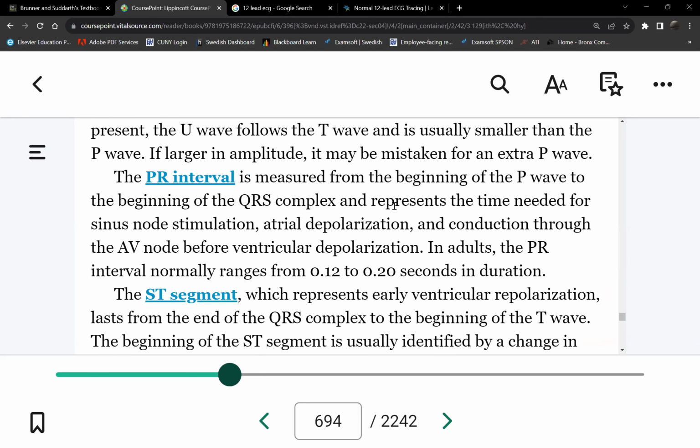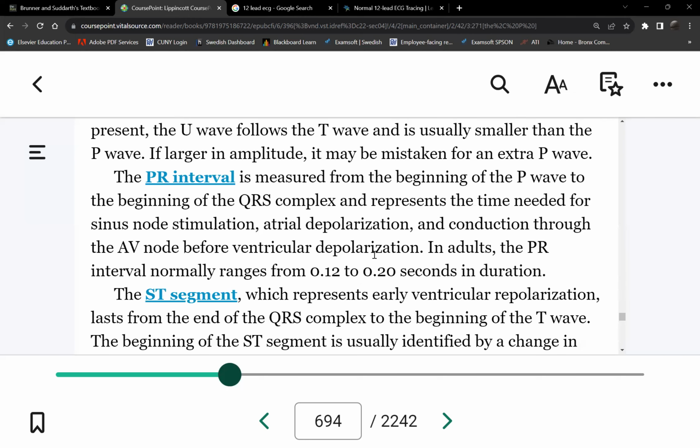PR interval. The PR interval is measured from the beginning of the P wave to the beginning of the QRS, and represents the time from atrial depolarization and conduction through the AV node to ventricular depolarization.